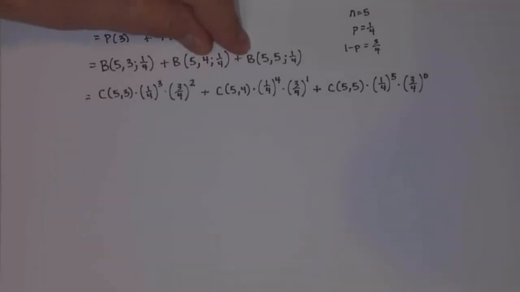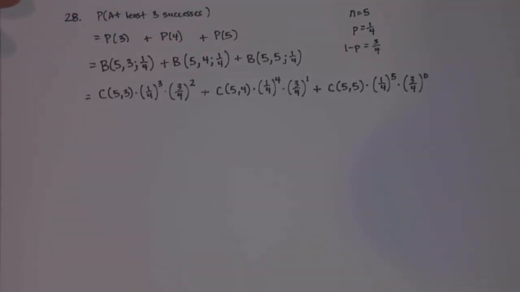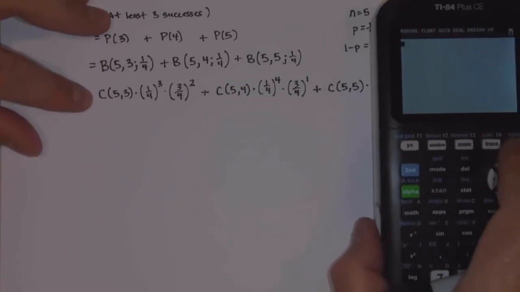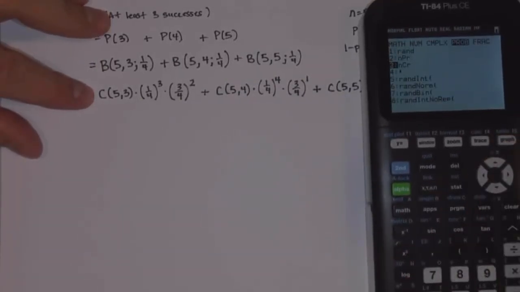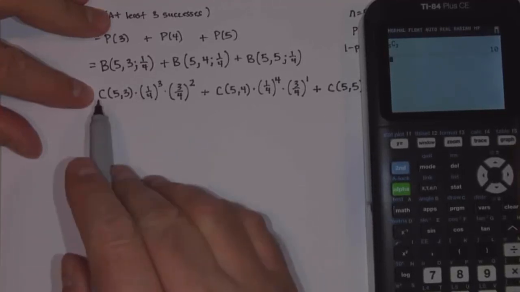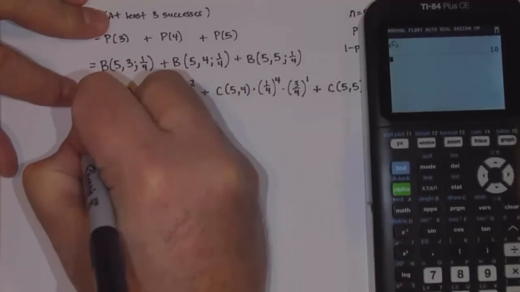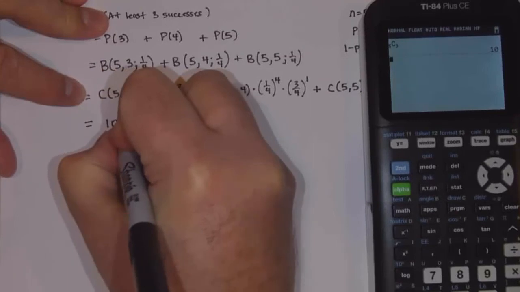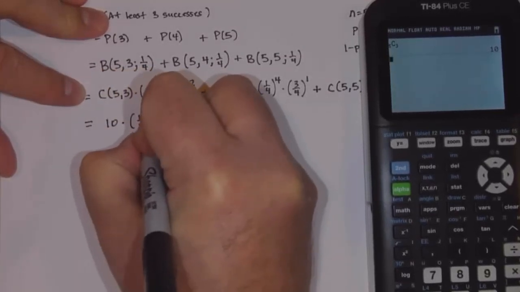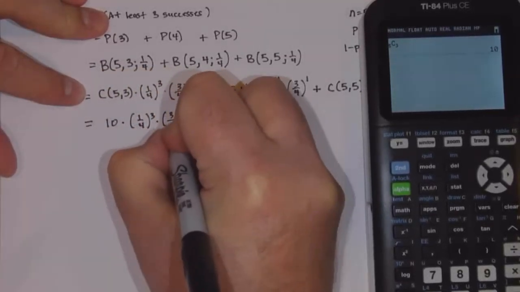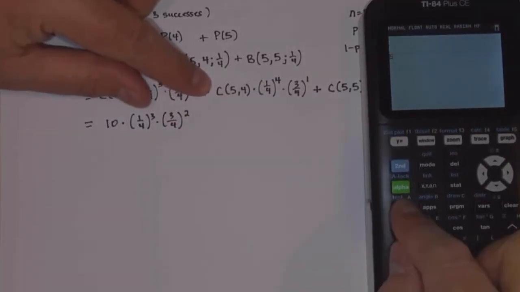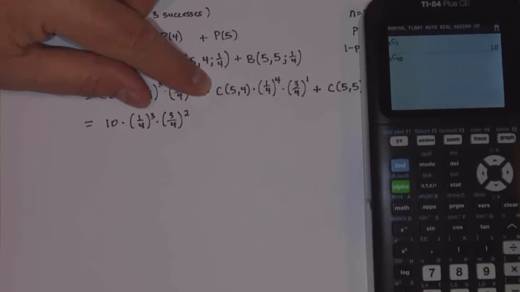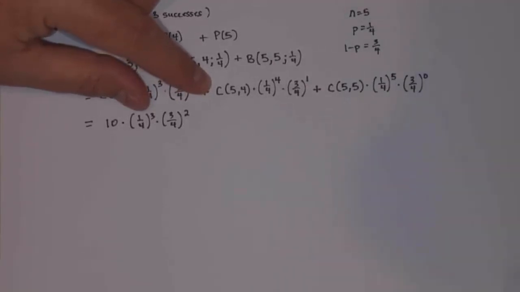Okay? So now I just need to calculate this. I'm going to start by calculating the combinations. So 5 choose 3, that is 10. So this is 10 times 1/4 to the 3rd power times 3/4 to the 2nd power. And if I do 5 choose 4, that is 5.